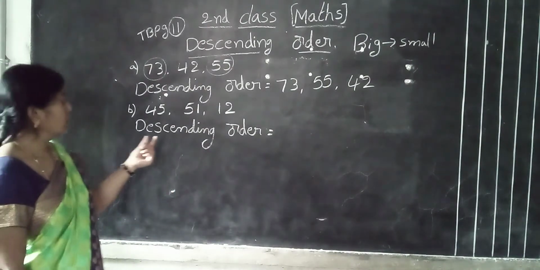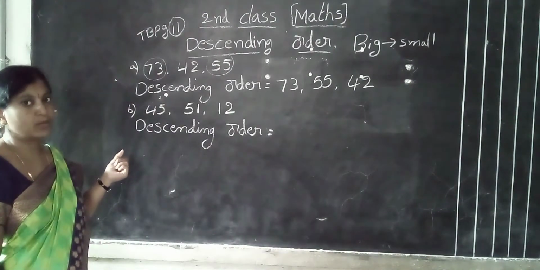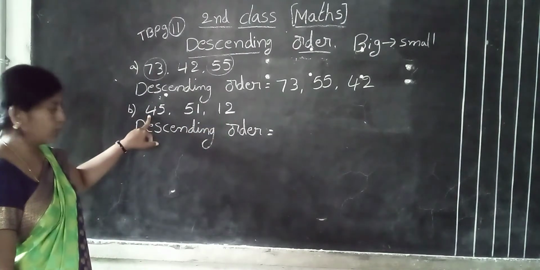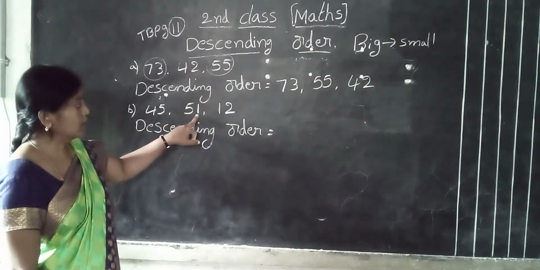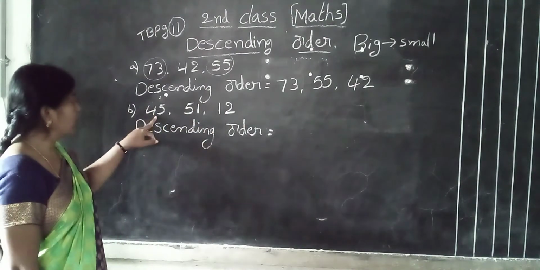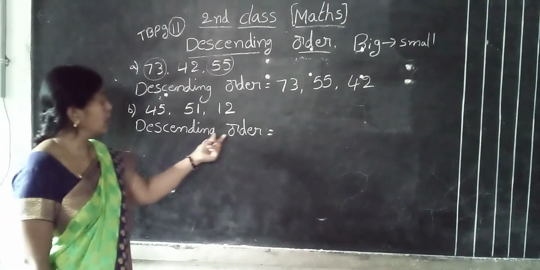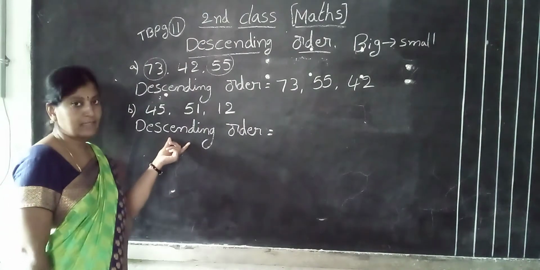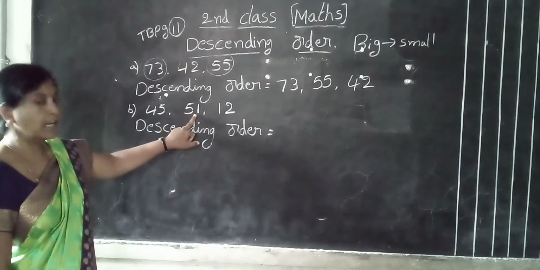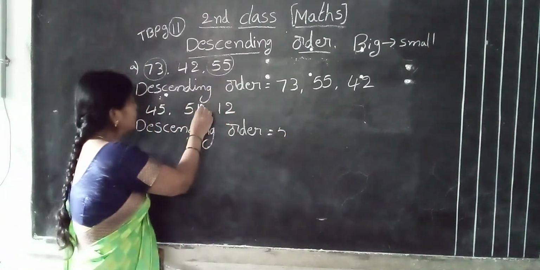First of descending order, we will write the biggest number in these numbers. First read the numbers 45, 51, 12. 45, 51, 12 లో ఏది బిగ్గెస్ట్? ఫస్ట్ డిసెండింగ్ ఆర్డర్ కి మనం ఏం రాయాలి? బిగ్గెస్ట్ నెంబర్ రాయాలి. వీటిలో బిగ్గెస్ట్ నెంబర్ ఏది? 51 is the biggest number. So write 51.